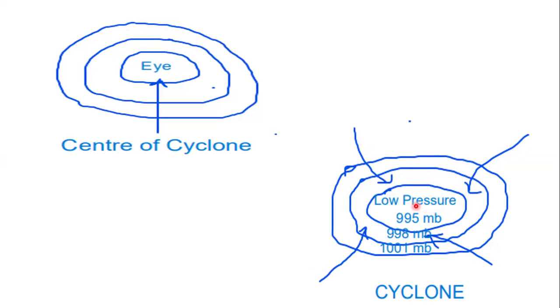We have studied that difference in pressure causes the winds to blow. The center of the cyclone is known as the eye of the storm.